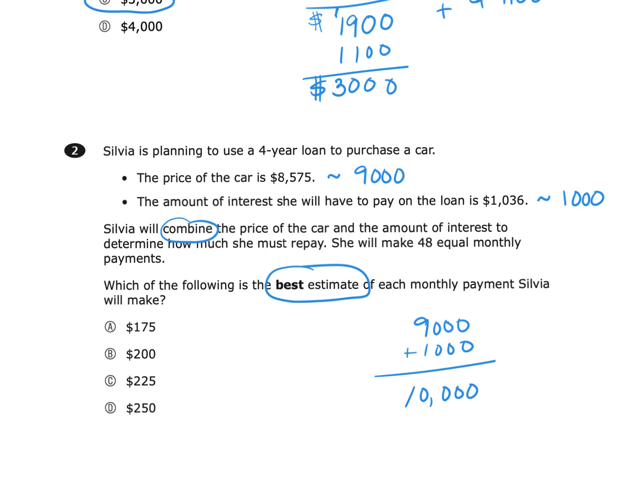Now she will make 48 equal monthly payments. Which of the following is the best estimate of each monthly payment she will make? So what we're going to do is take that $10,000 and divide it by 48.